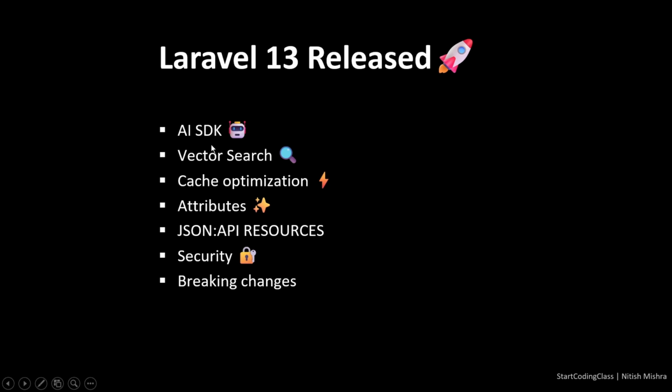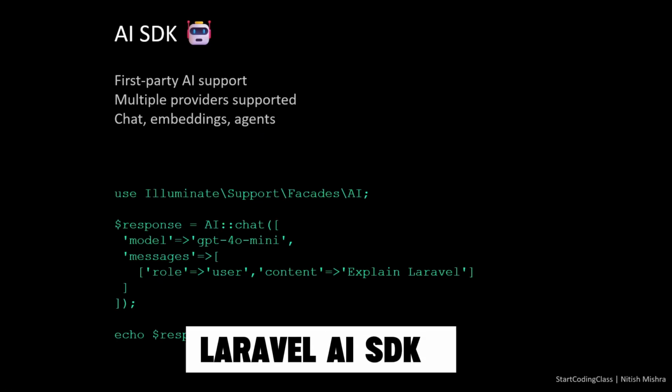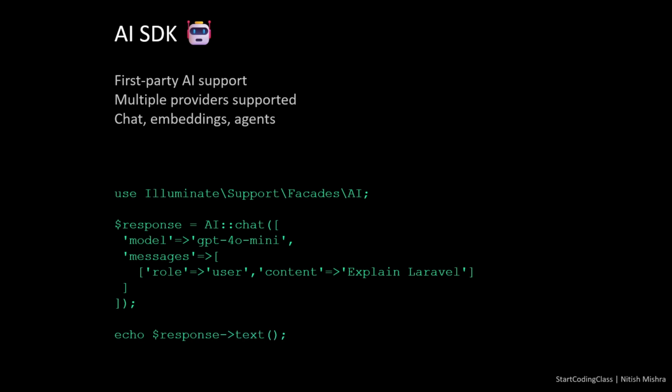The most important feature is the Laravel AI SDK. Laravel 13 introduced a first-party AI SDK built directly into the framework. This means you can now integrate AI without installing complex third-party libraries. You can see the Laravel facade for AI and chat.